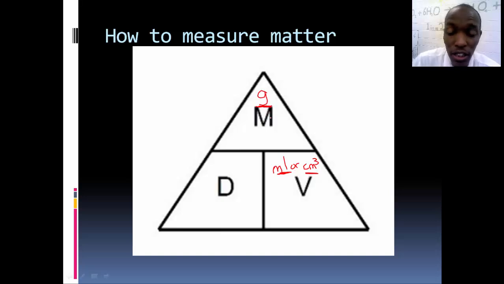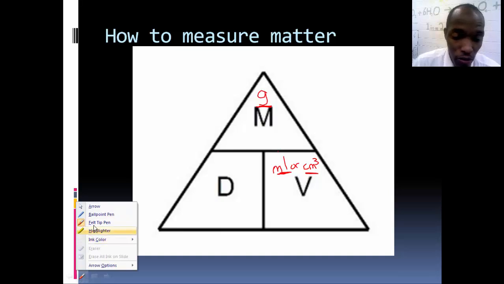Mass can be measured in grams. And how this triangle is read is, so we just said that density is equal to mass over volume, or mass divided by volume. So let me help you guys out here. I'm going to erase the ink currently on the slide, but make sure you have the fact that grams is the measurement for mass, milliliters or cubic centimeters is the measurement for volume.